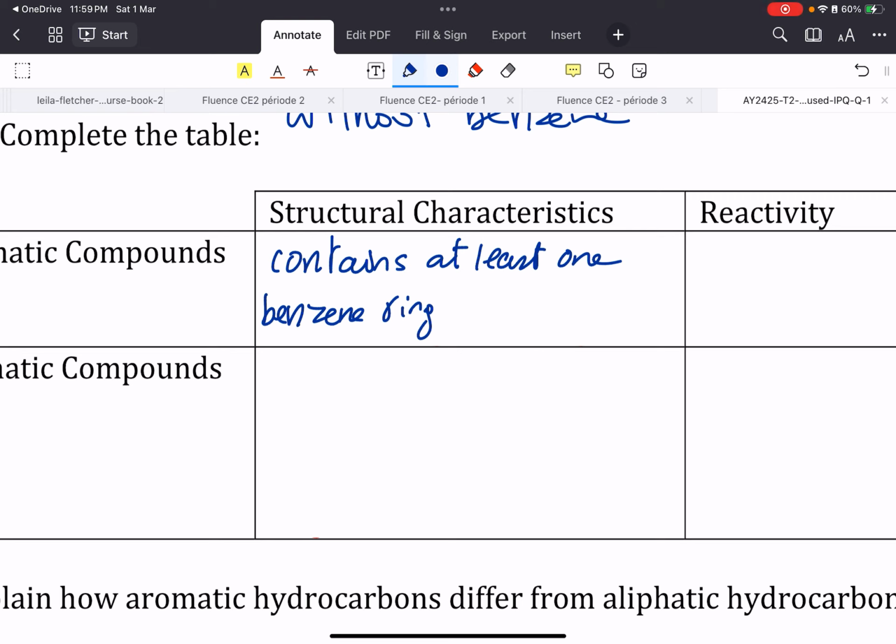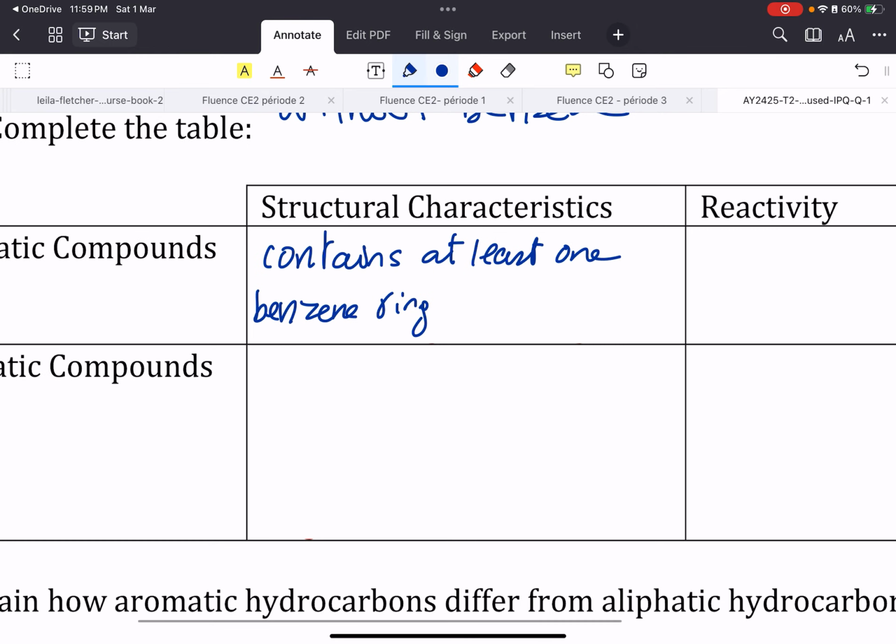Could be more, but we need at least 1 ring. Aliphatic compounds have no benzene ring in the structure.